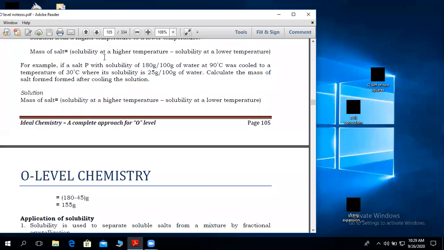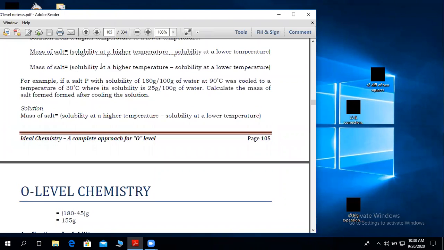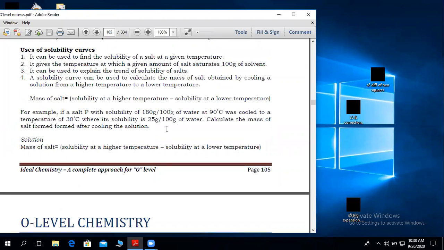When they ask for the mass of crystals deposited, remember, we get solubility at a higher temperature, then we subtract solubility at a lower temperature. For example, if on the graph, a solute P has a solubility of 180 grams at 90 degrees centigrade, and it cools to 30 degrees centigrade, where its solubility is 25.